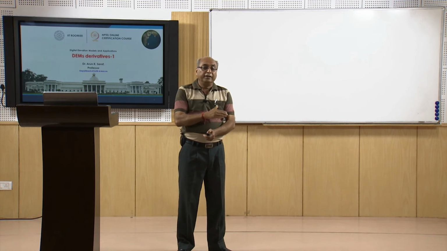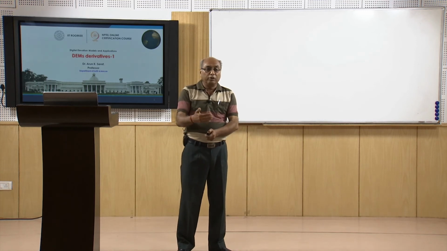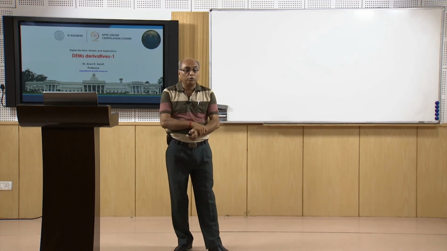In plan curvature, the line was passing through a horizontal plane, whereas in profile curvature, because we measure in a vertical plane, we were thinking about the line. Here now it is the total one.